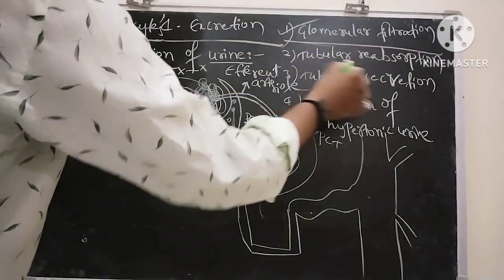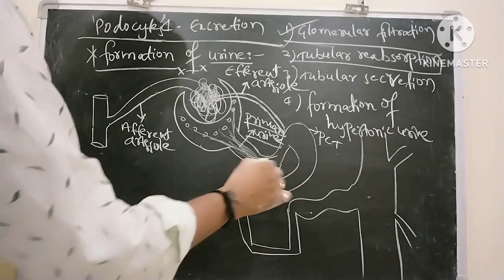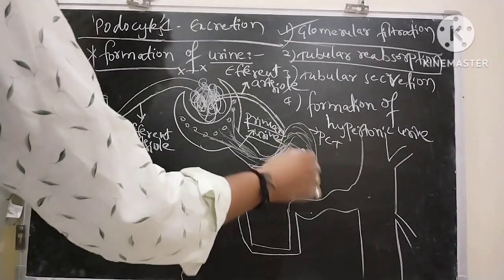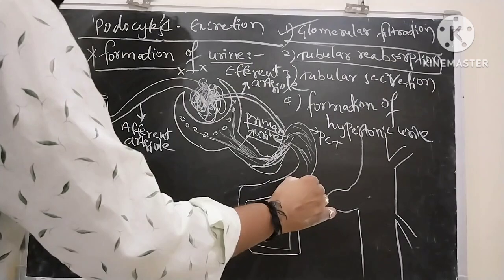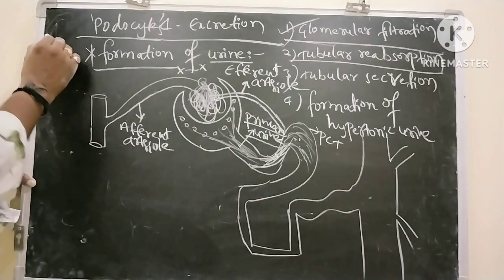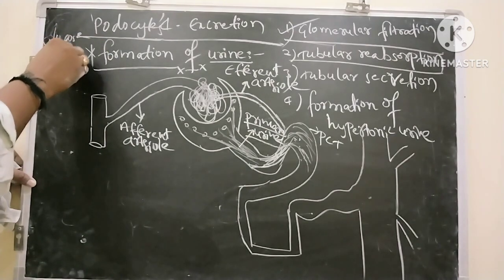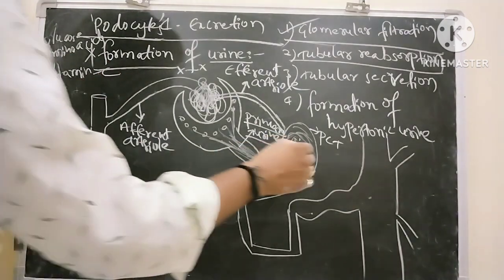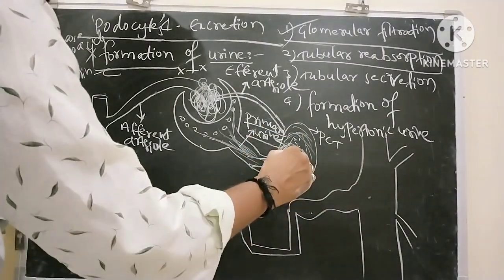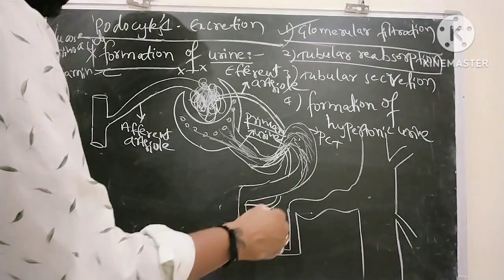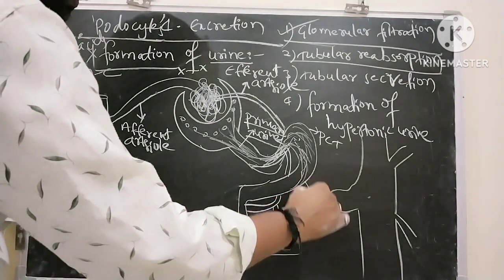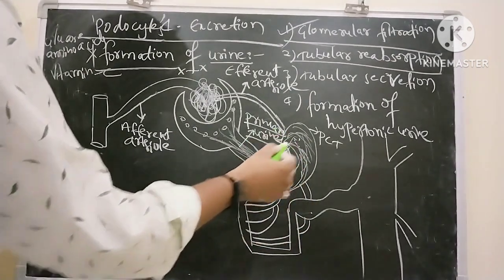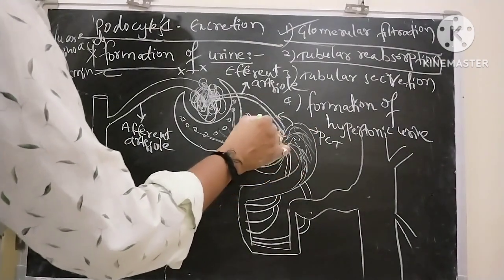Right. Now, tubular reabsorption. When the primary urine enters into proximal convoluted tubule, the useful substances like glucose, amino acids, vitamin C, and other useful substances are reabsorbed into peritubular network, means from proximal convoluted tubule to peritubular network.